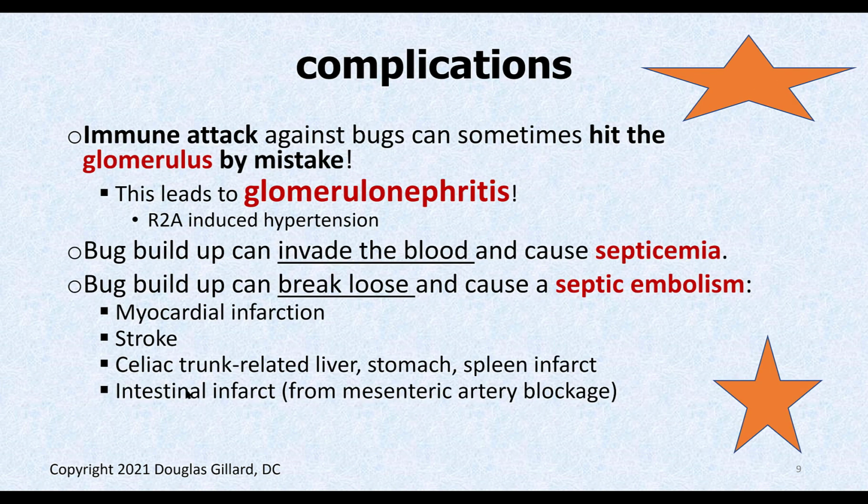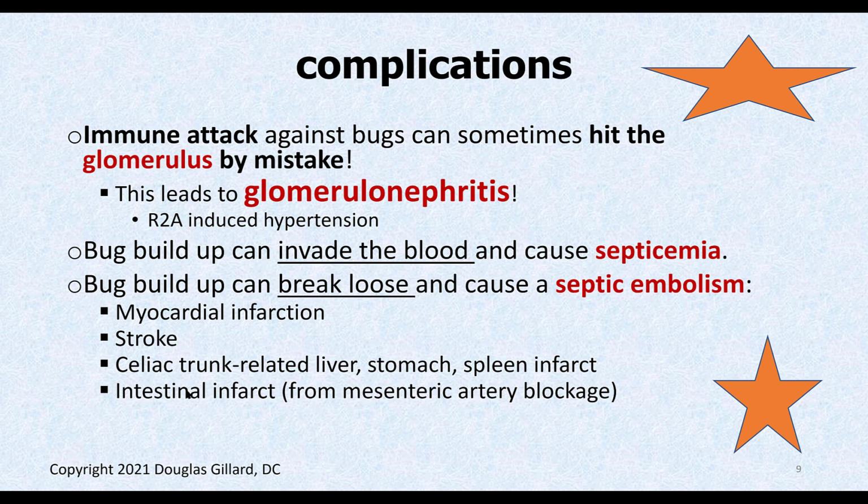What about complications? It's as if this isn't complicated enough by itself. So the bugs can go to another place. So you got pneumonia, and now you got an inflammation of the heart because the bugs got there. And the body mounts an immune response against the culprit that's located on the heart. And for whatever reason, that immune response sometimes gets confused and it hits the glomerulus of the nephron.